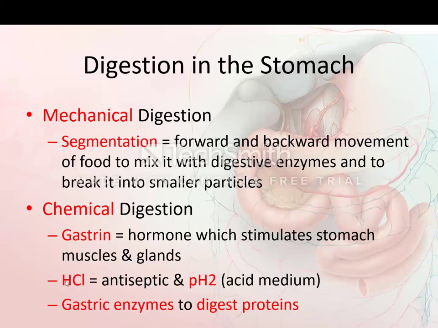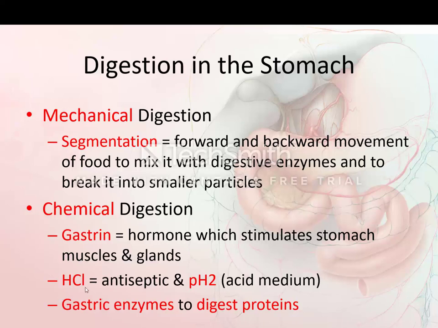The second component inside the stomach is called gastrin. Now, gastrin is a hormone. What do hormones do? They stimulate certain actions to happen. So gastrin is a hormone which stimulates the stomach to release gastric enzymes.